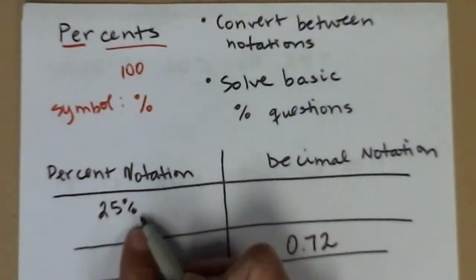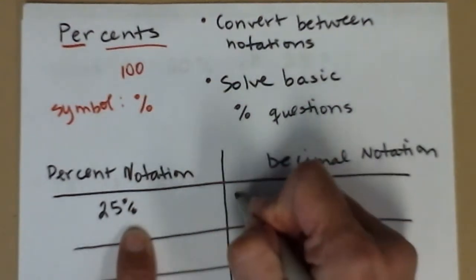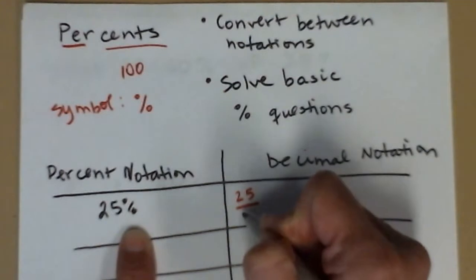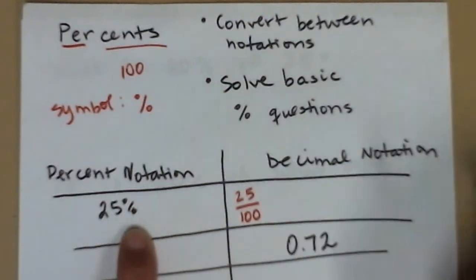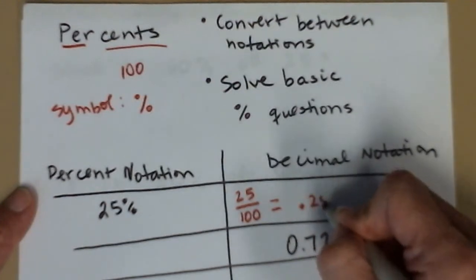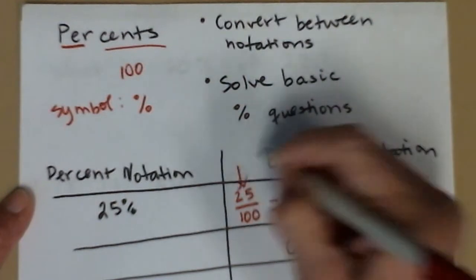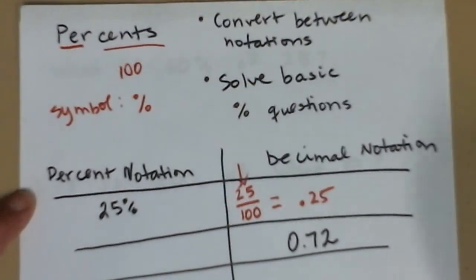Okay, here we go. So 25%, it's 25 per 100. If you go through a fraction, it would be 25 per 100, so divided by 100. And then as a decimal, 0.25. Now, we're not going to go through this step most of the time.